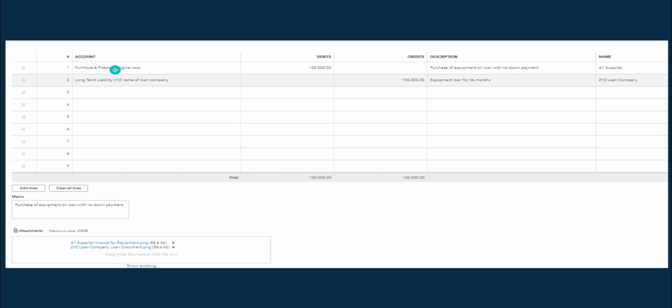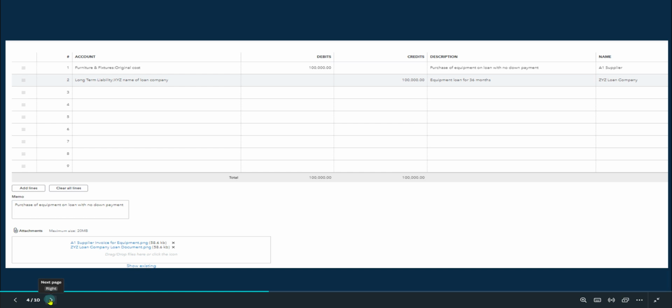This is the equipment original cost account, which is also a sub account. It's also a good idea to attach your $100,000 supplier's invoice and the loan document, everything in one place.